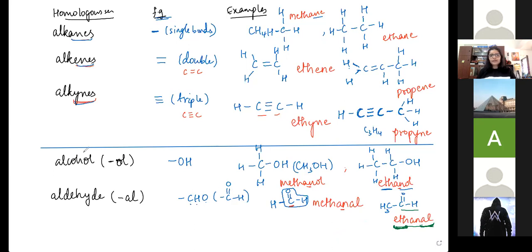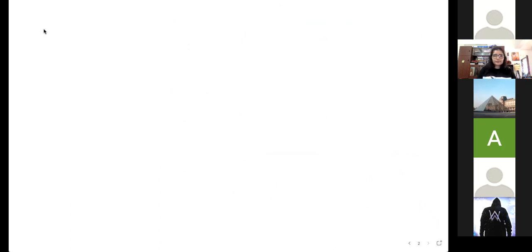Okay. So you have alcohol, you have aldehyde. The next one in line is ketone. I'll just do this on the next page. So ketone, what is the defining characteristic? What is ONE? ONE, ends with ONE, that is the suffix.